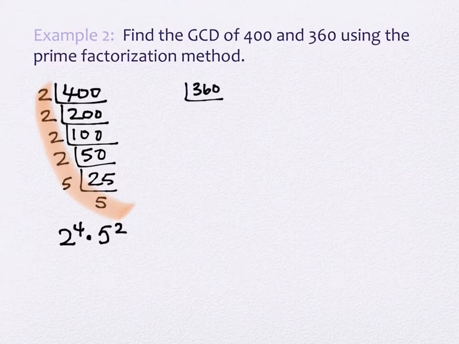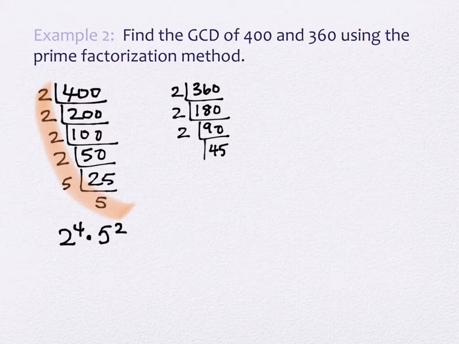We're going to do the same thing with the number 360. So 360 divides by 2, leaving me with 180, which divides by 2, giving me 90, which divides by 2, giving me 45. Okay, so now be careful. What's the smallest prime that divides 45? It's actually 3.